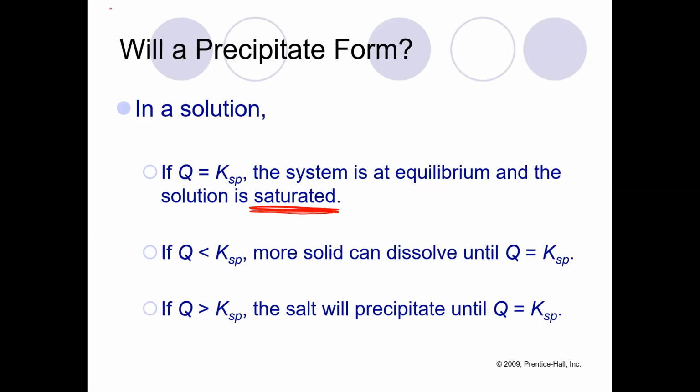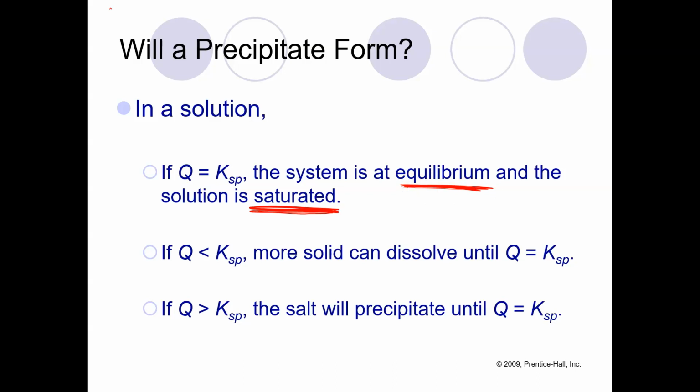We talked about saturated back in chapter 13, which is when you're dissolving the solid and it's dissolved as much as it can. So it's full. Unsaturated was when there's less than that, and then supersaturated was the super cool one. So when Q equals K, it's at equilibrium, but another word that might show up is saturated.